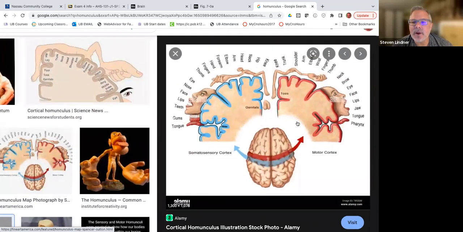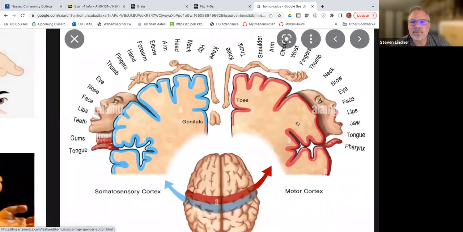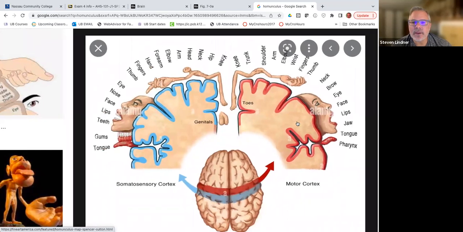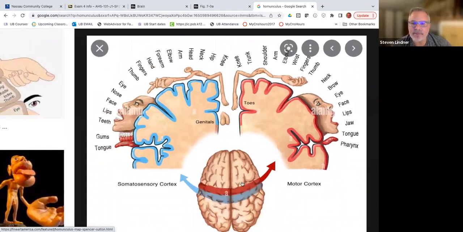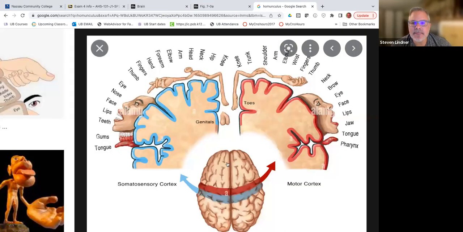Okay, so if we look here, you'll see that we have the two hemispheres of the brain, and there's a red strip and a blue strip, right? The red strip is the precentral gyrus.